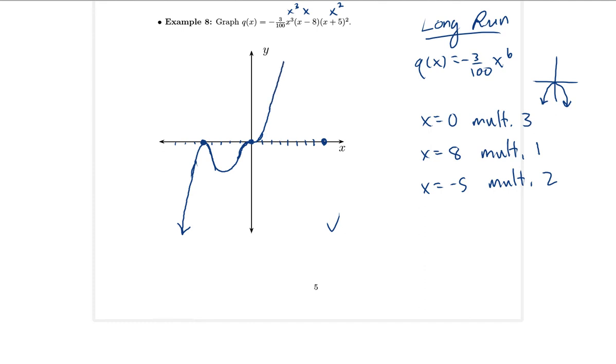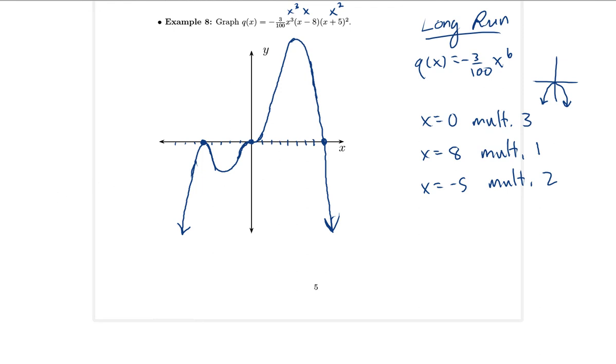And then I'm going to go up here. And x equals 8 is multiplicity 1. So as I go through there, I'm just cutting straight through for that part. All right, so hopefully you got something that looks kind of like that.